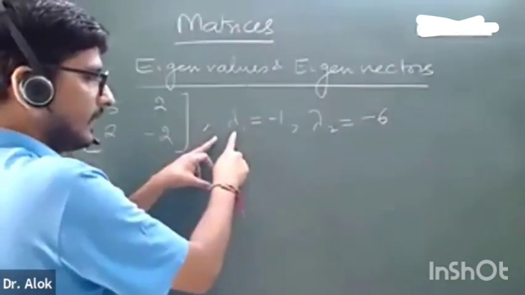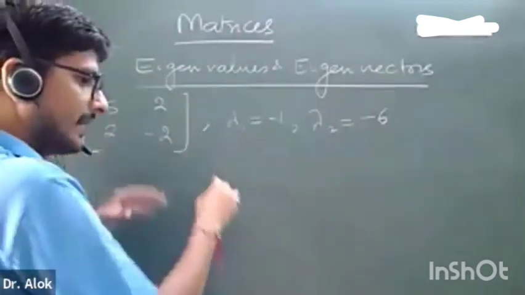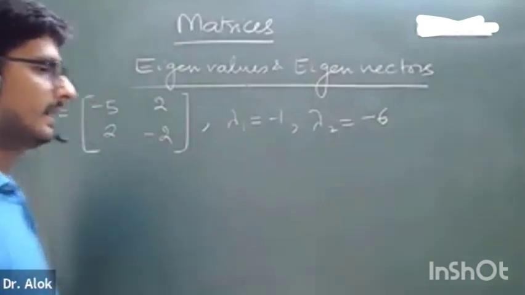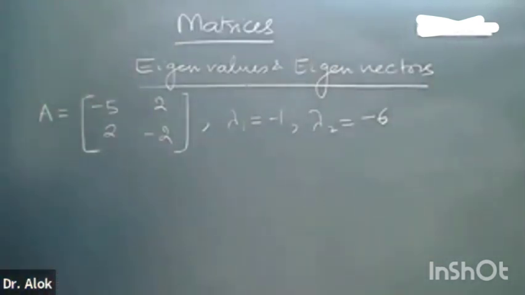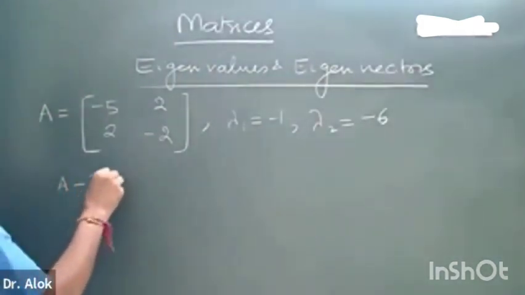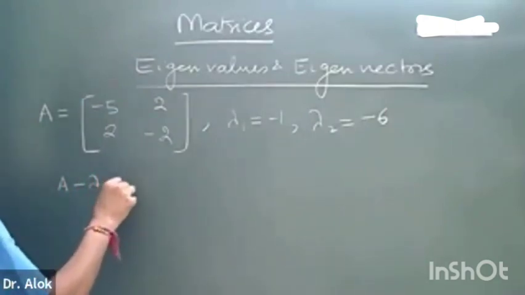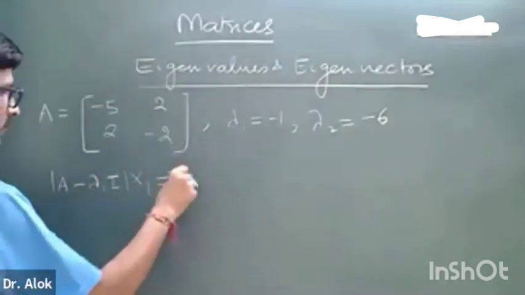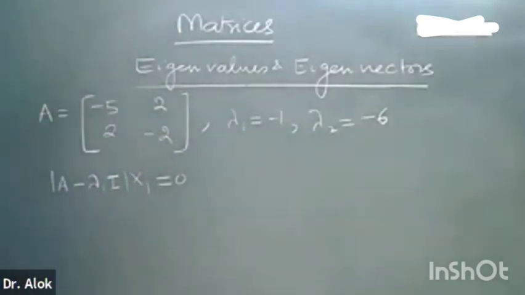Corresponding to lambda 1, I will get a vector x1, and corresponding to lambda 2, I will get a vector x2. So that I have to do. So how will you write? (A minus lambda 1 I) x1 is equal to 0. This will become the equation. Are you understanding this or not?